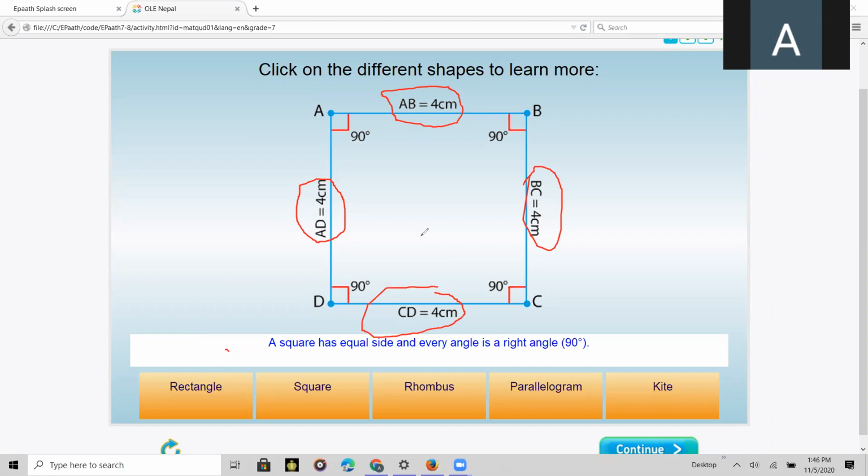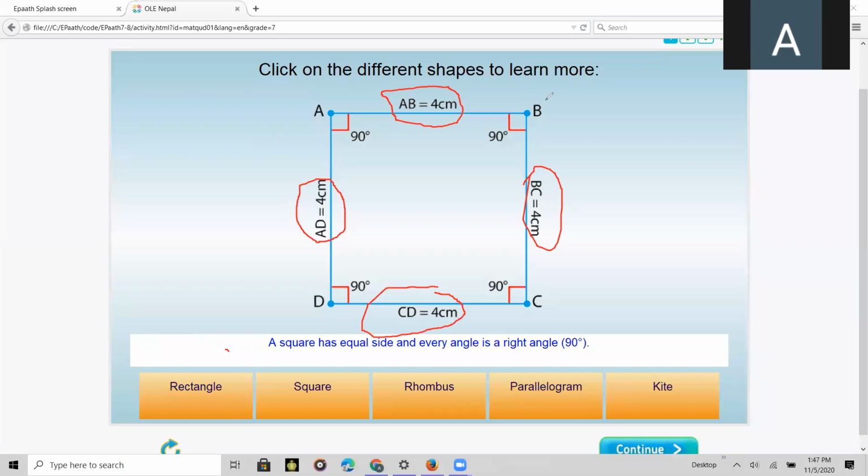So this is the special feature, the character of a square. You have to remember the very special feature of the square: number one, all the sides are equal, and all the angles are equal.